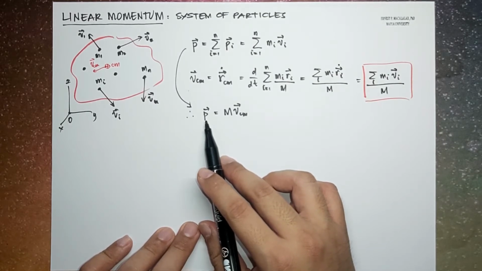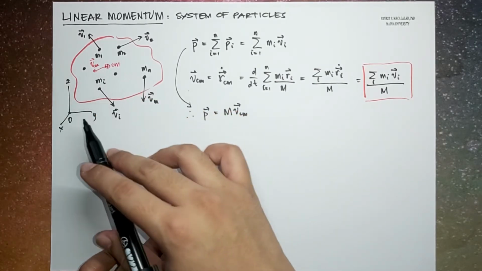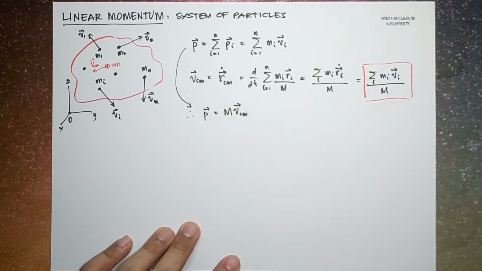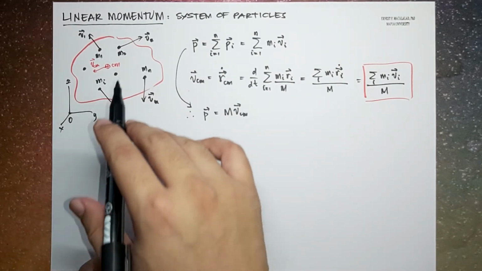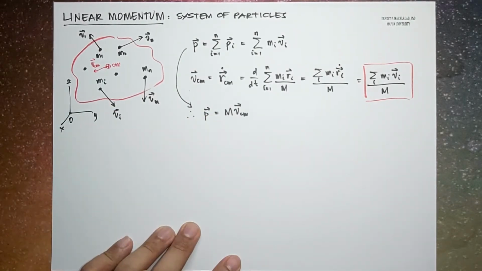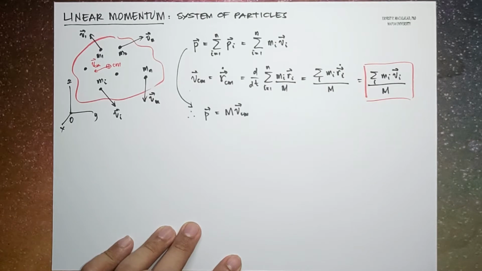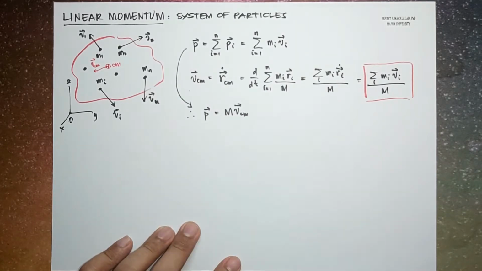You don't have to know the individual masses as well as the individual velocities of the individual particles of the system of particles. So the linear momentum of a system of particles is just equal to the velocity of the center of mass times the total mass of the system.